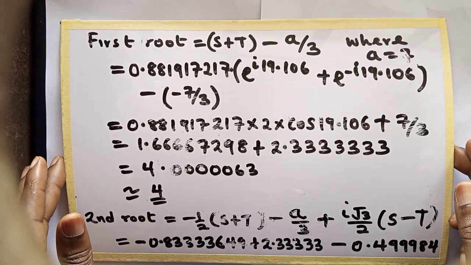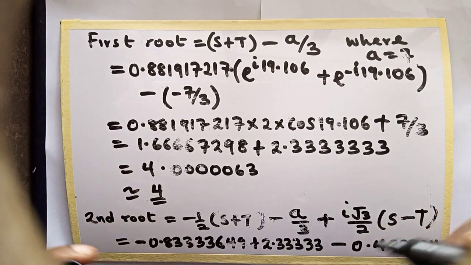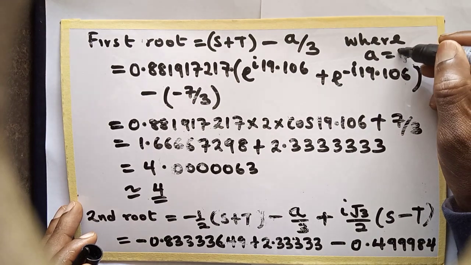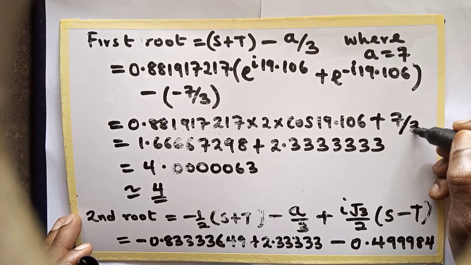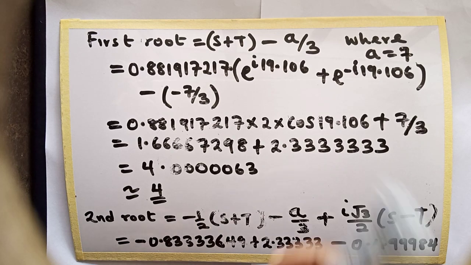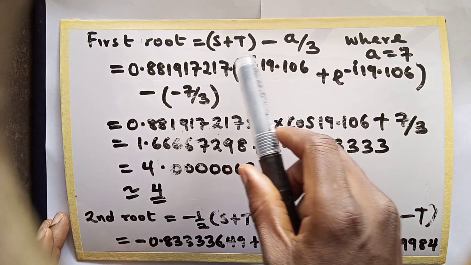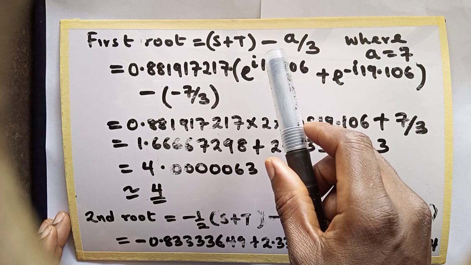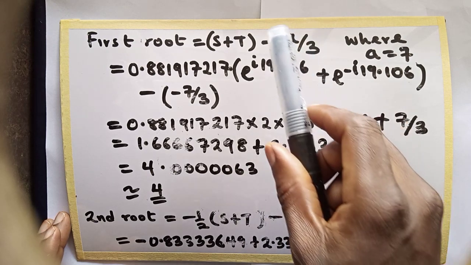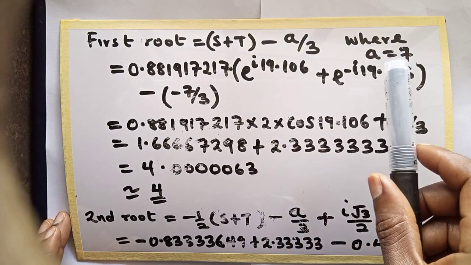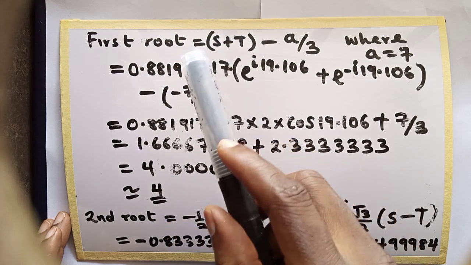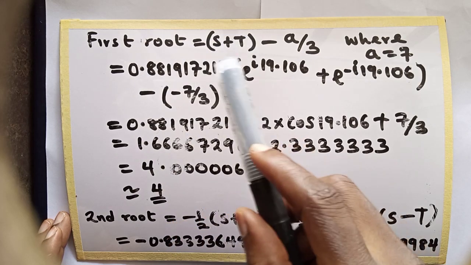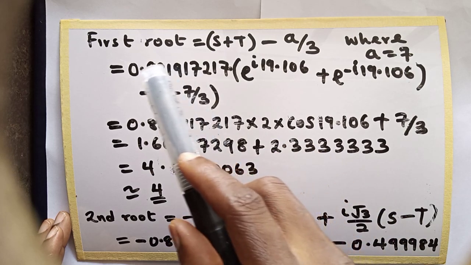From here, recall that our a is equal to 7. For the first root, this is what we use: s plus t minus a all over 3, where a is equal to 7. Now, when you fix in the value of s plus t, remember it's a complex number, then we extract this value, which is common.